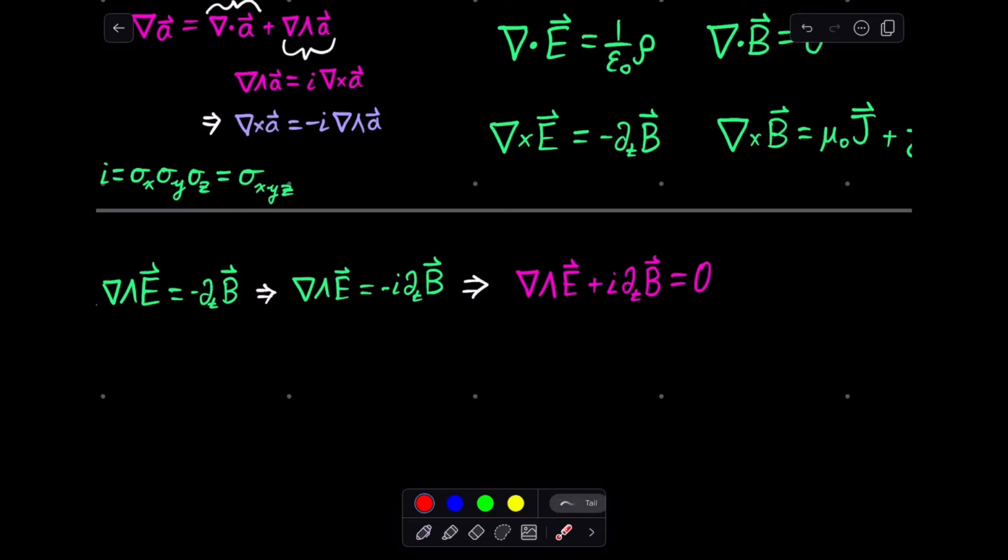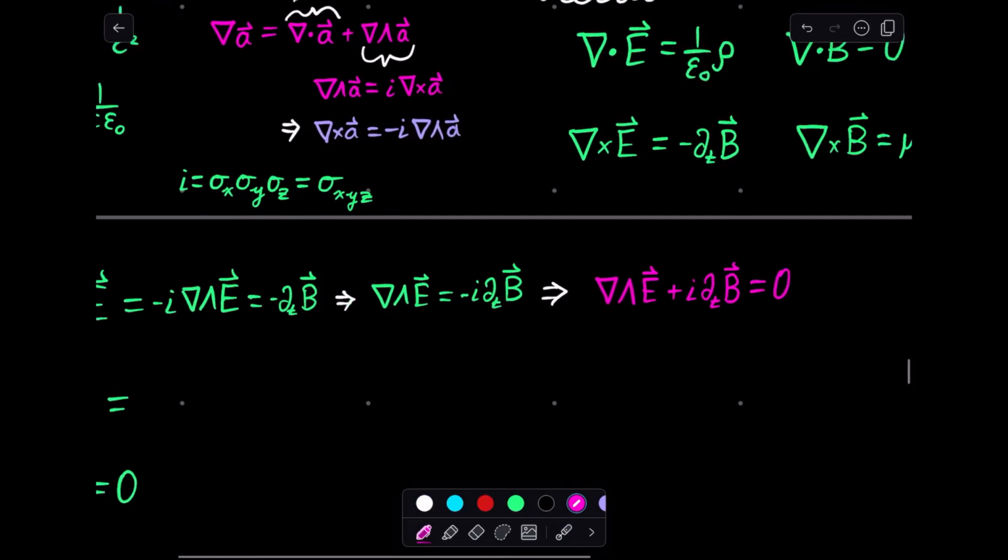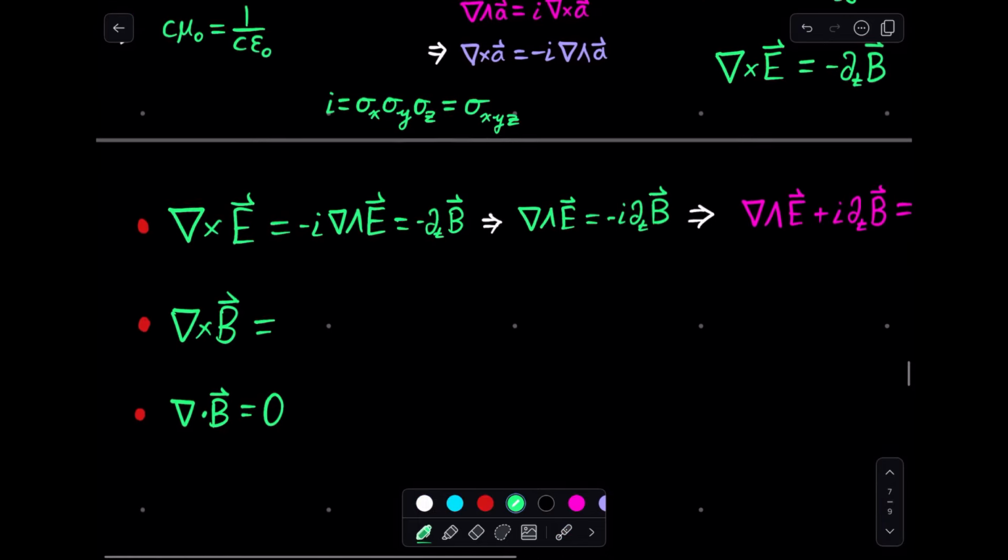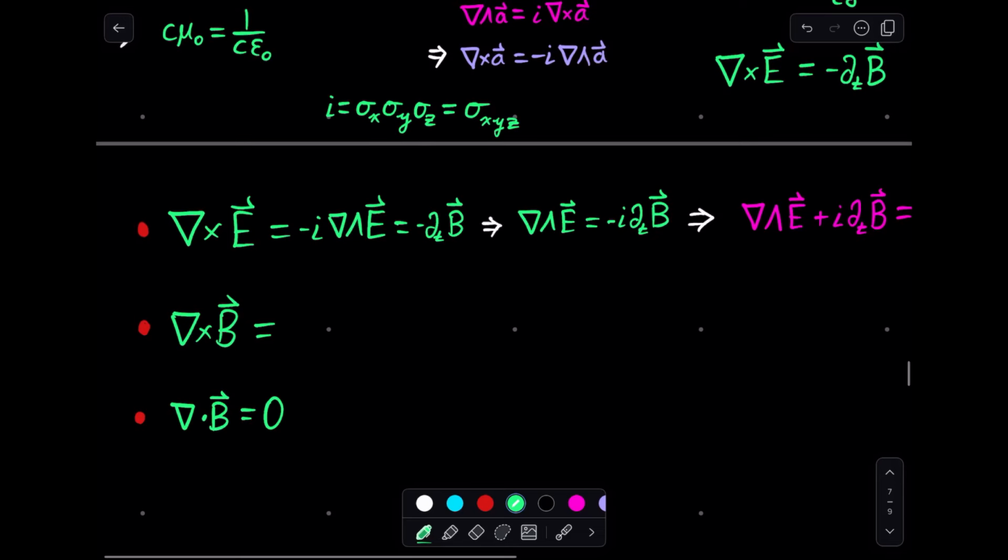The idea when we're rearranging things is that we want all the units to match up, and we want the magnetic and electric fields to be on the left-hand side. So then, coming over to Ampère-Maxwell law, we can do the same thing.